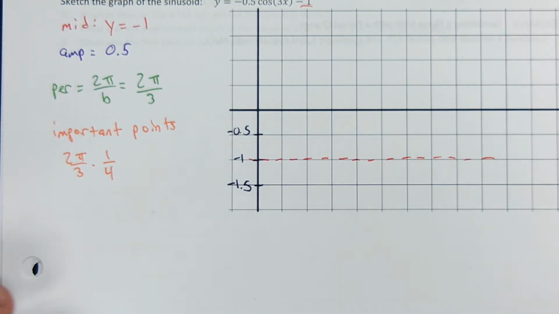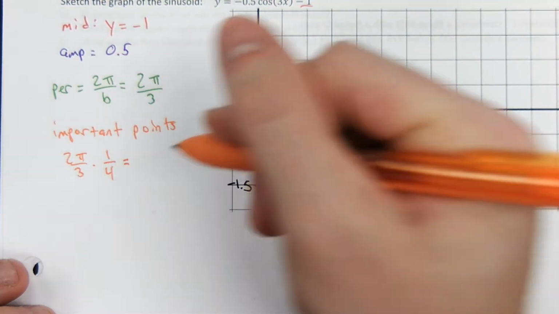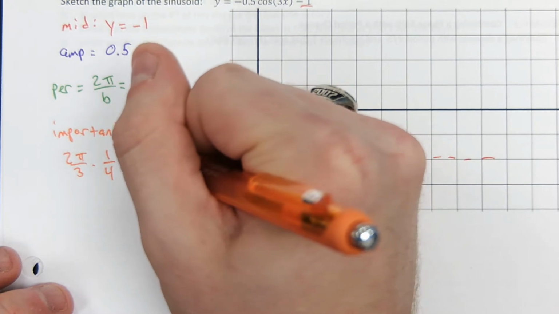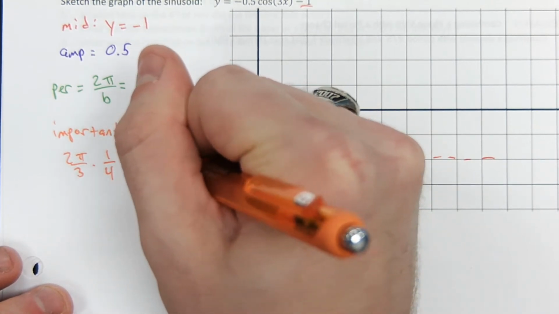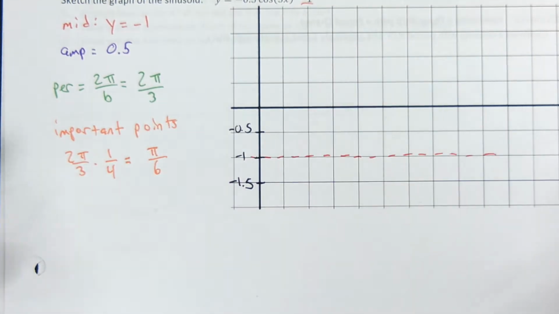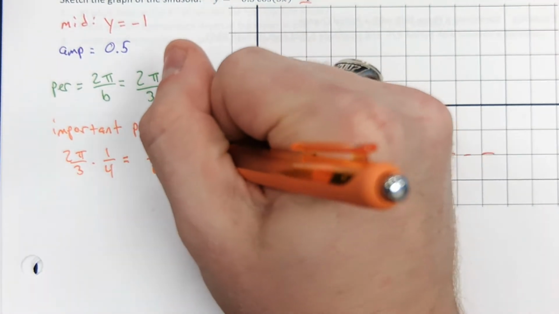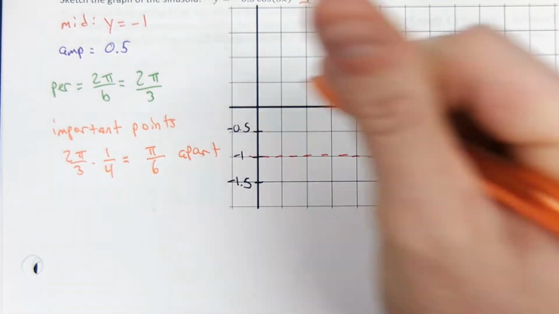It gives us 2 over 12, or 1/6. Right? Did I do my math right? They're pi over 6 apart.